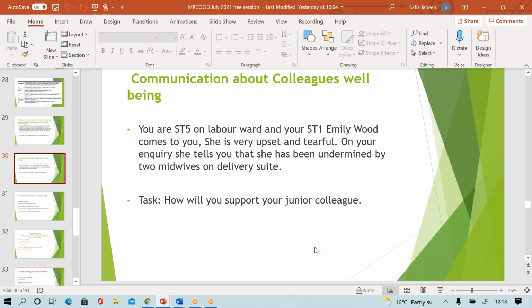Then you offer her counseling as well, by saying a very simple thing: there is a lot of counseling help available. There are three main channels she can go through. Number one, she can arrange some counseling through the GP. If she doesn't want to, we have our occupational health. They have counseling, and that's confidential.